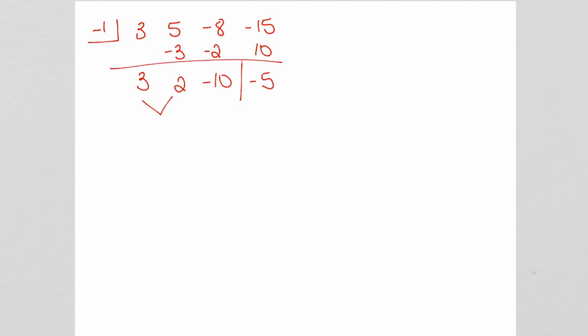We have positive, positive, negative, negative, so they don't alternate. So -1 is not an option. The next negative number is -3. So we go through and try that.